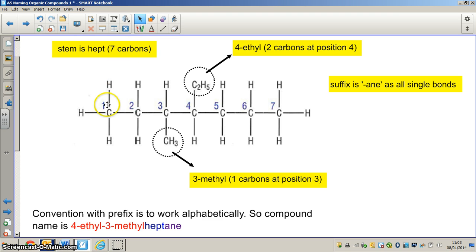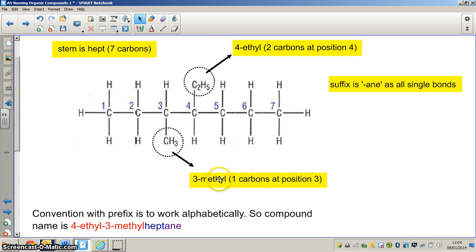And now if we inspect the molecule, this time we have 2 branches. We have a branch at carbon 3, which is a 1 carbon group, which is a methyl group from our fact sheet, and we have a branch again at carbon 4, and this branch is 2 carbons, so it's an ethyl group.